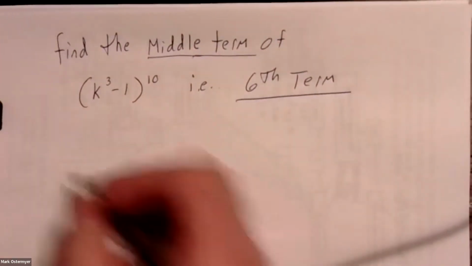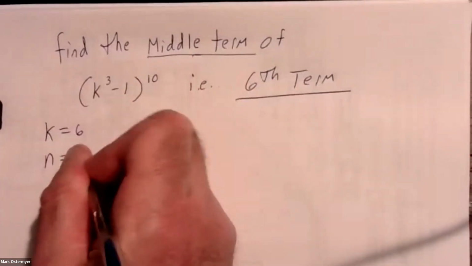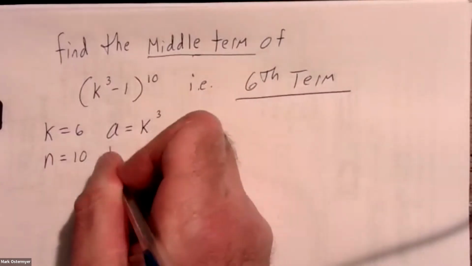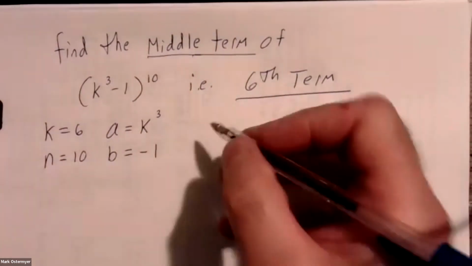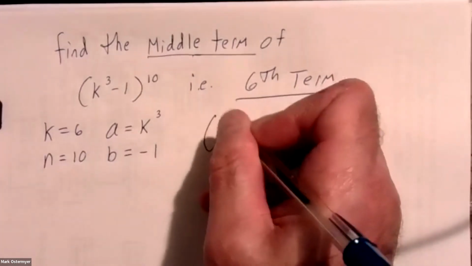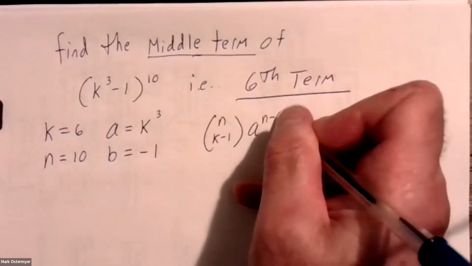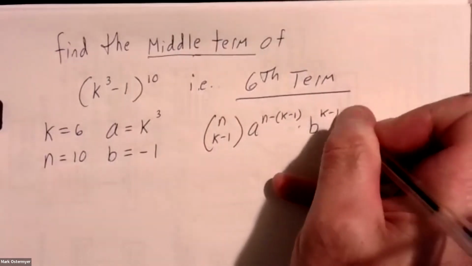So now we know what k is. k must be 6. And we know n is the power on the binomial, which is 10. And we know the first term of the binomial is k cubed, and the second term of the binomial is -1. Now we're in business. We can just throw things into our kth term formula: n in combination with k minus 1, times the first term raised to the n minus quantity k minus 1 power, times the second term raised to the k minus 1 power.